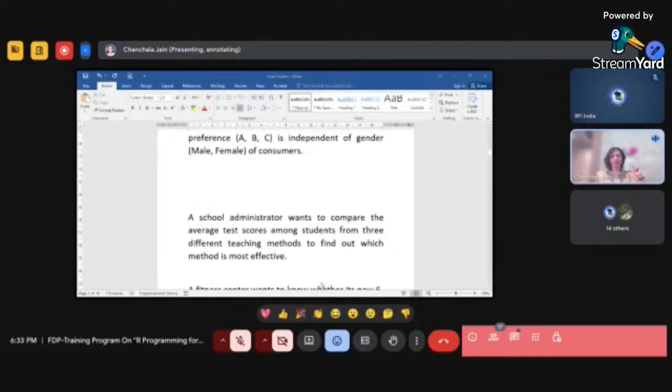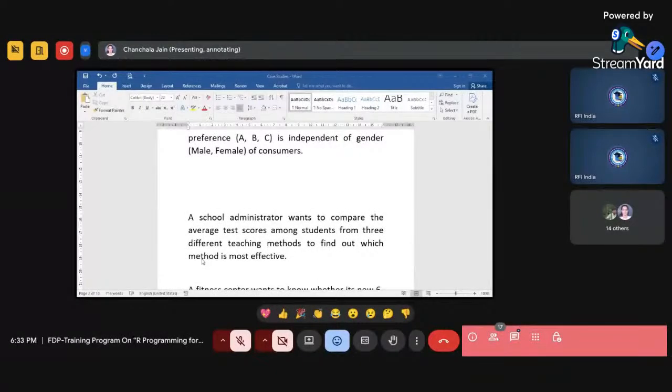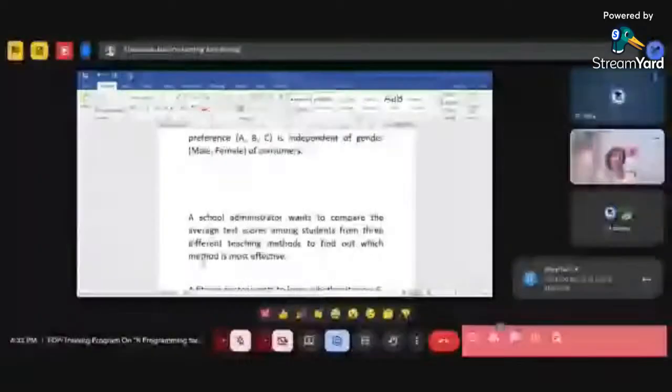Next problem is visible, I hope. Yes. Any opinion?